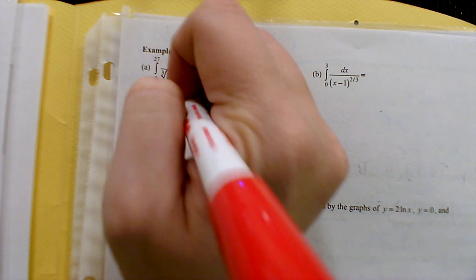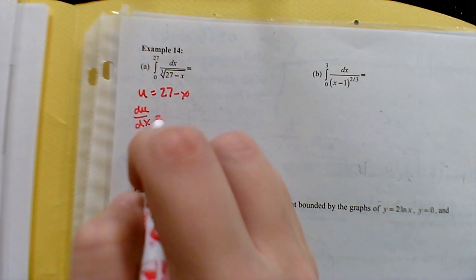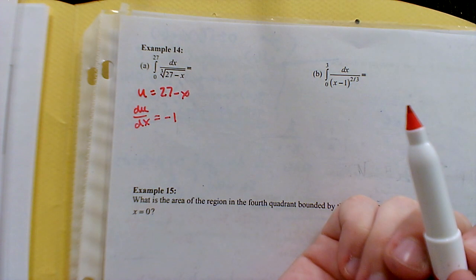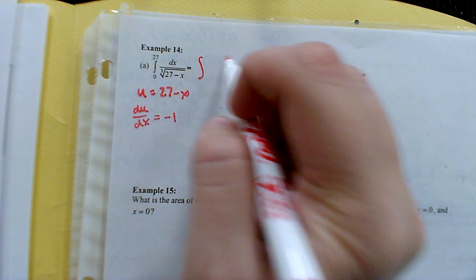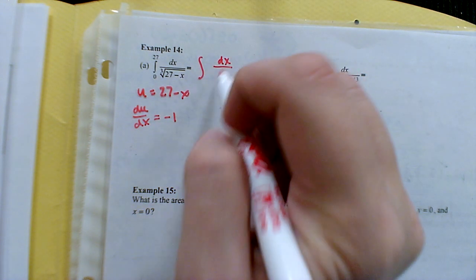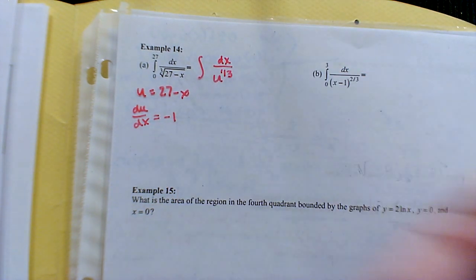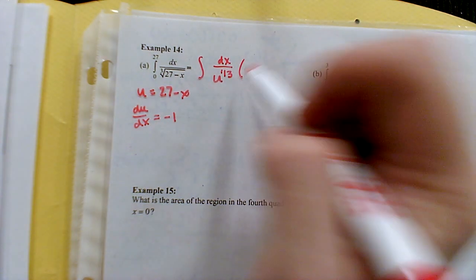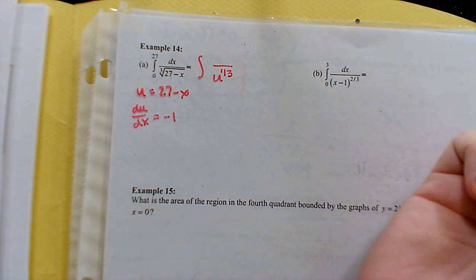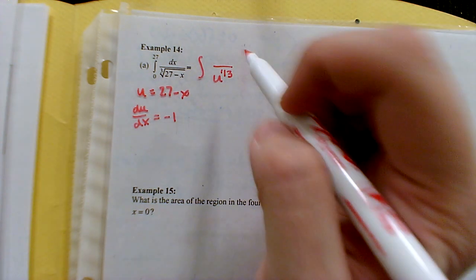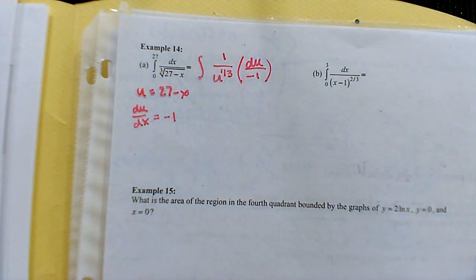27 minus x. Okay. So then the derivative would just be -1. So if we rewrote it, we have dx over, we'll say u to the 1/3 power. Or sorry, we got to rewrite dx though. dx is the same as du over -1.